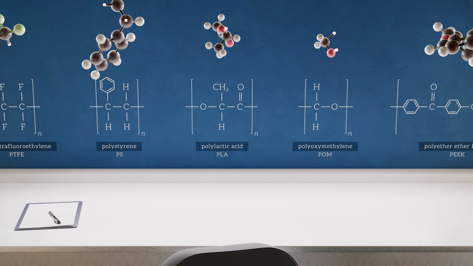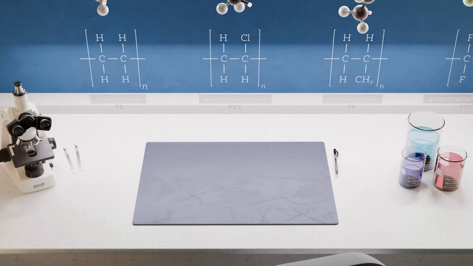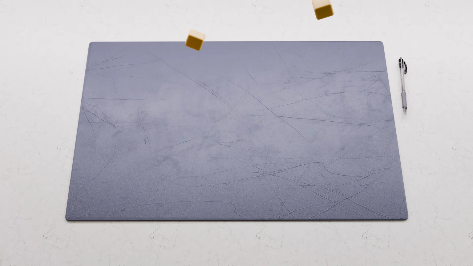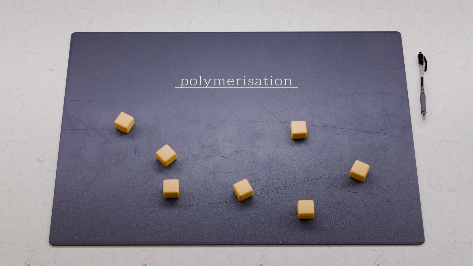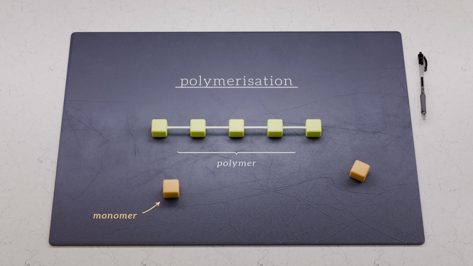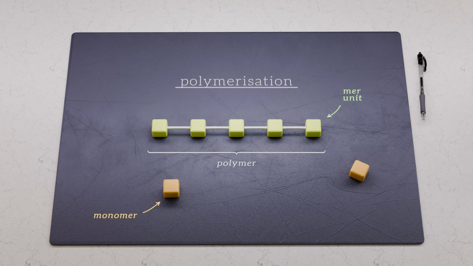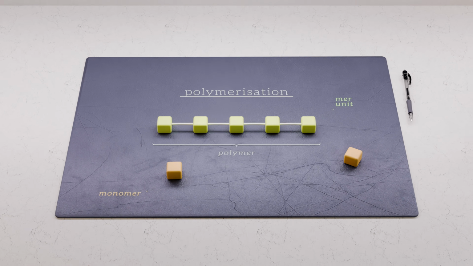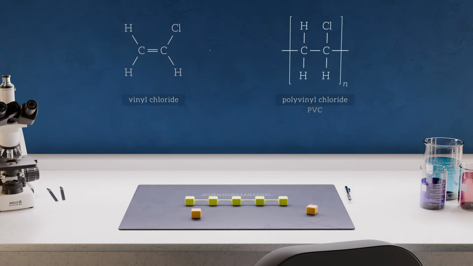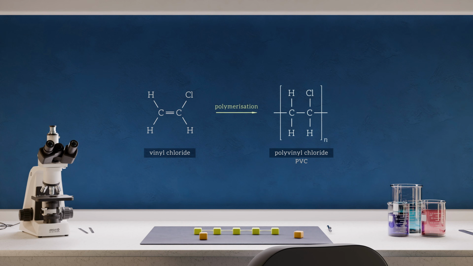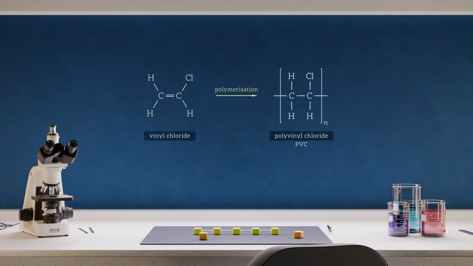The long molecular chains that make up a polymer are formed through a process called polymerization, where precursor molecules called monomers that each consist of a single mer unit are assembled to form polymer chains. PVC, for instance, is produced by polymerization of the gas vinyl chloride, and polyethylene is produced by polymerization of ethylene gas.